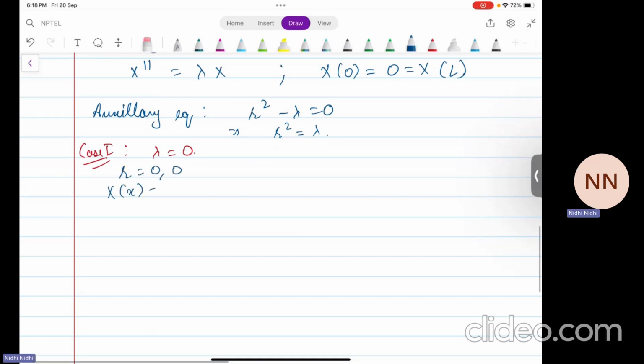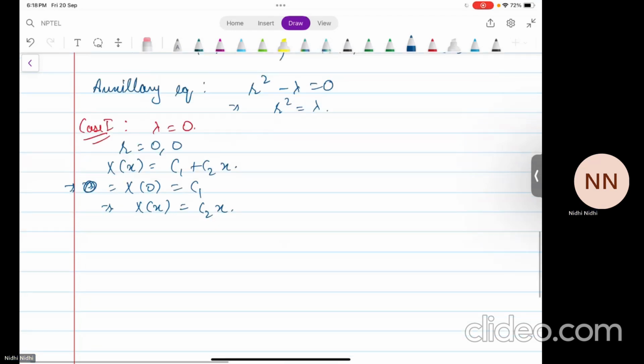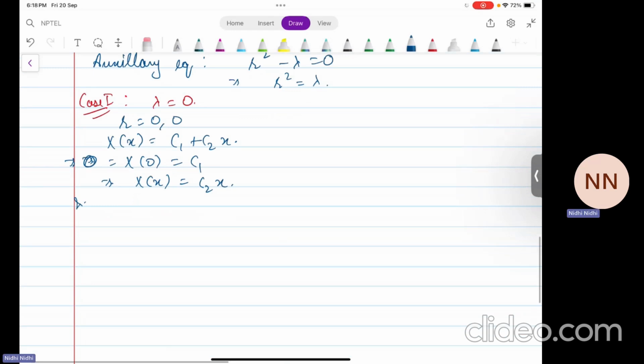That means X(x) is equal to c1 plus c2 x. Now we have 0 equal to X at 0, which is c1. This gives us that X is just c2 x, and 0 is equal to X at L, which is c2 L.